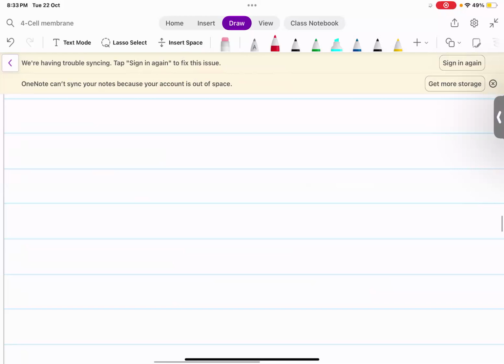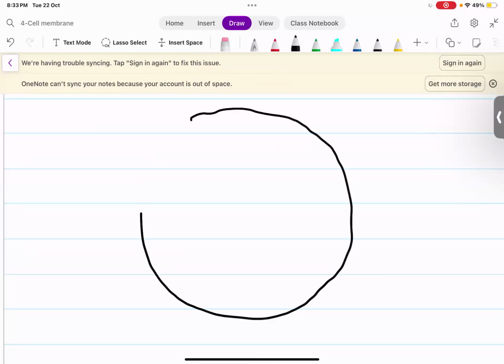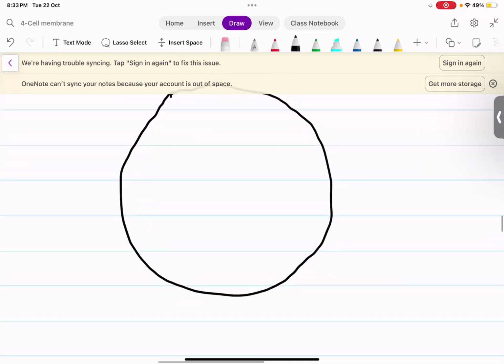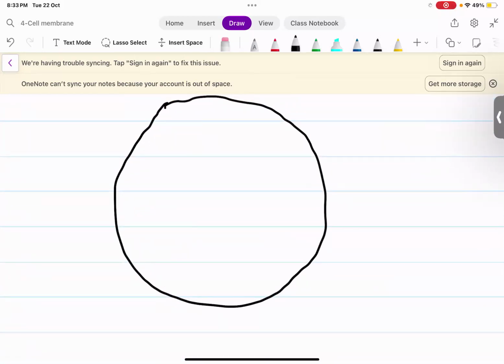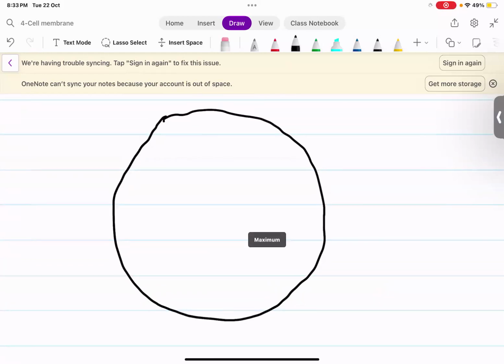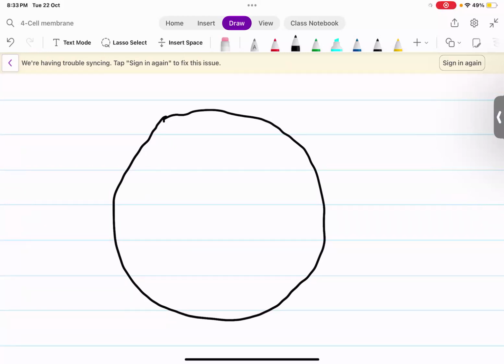If this is, for example, an animal cell, maybe a phagocyte. So we will discuss how a phagocyte engulfs bacteria or a foreign particle.